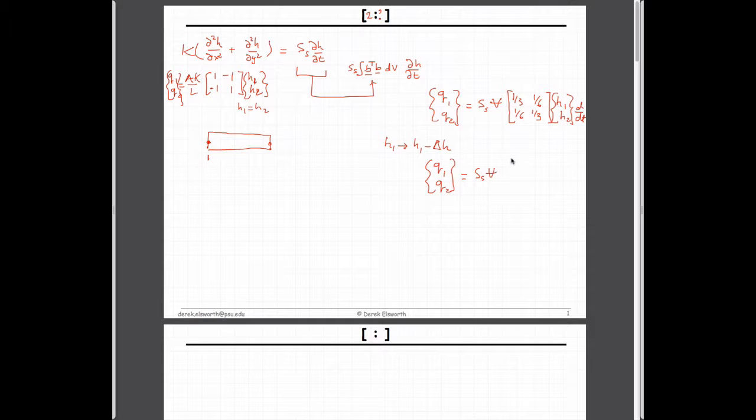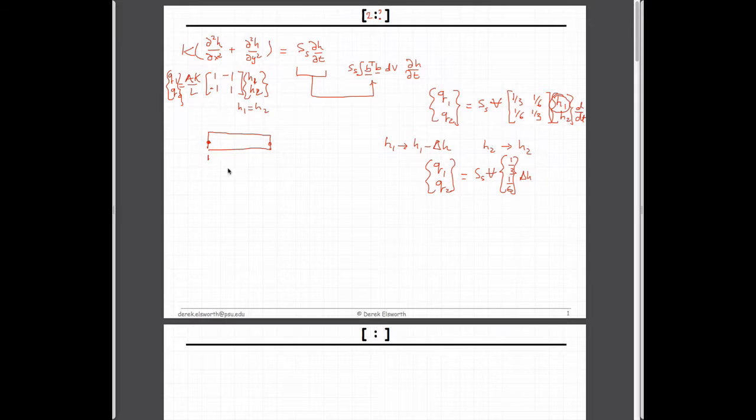This is just 1 over 3, 1 over 6, times delta H. And I suppose the other thing is that H2 goes to just H2, it doesn't change.